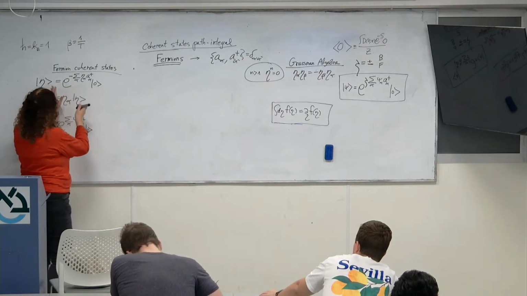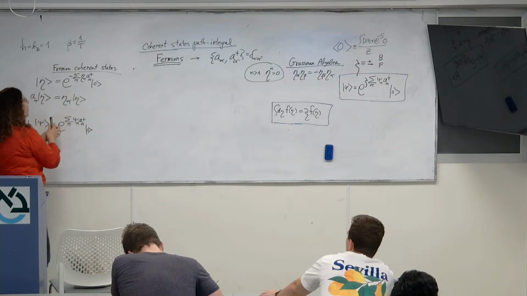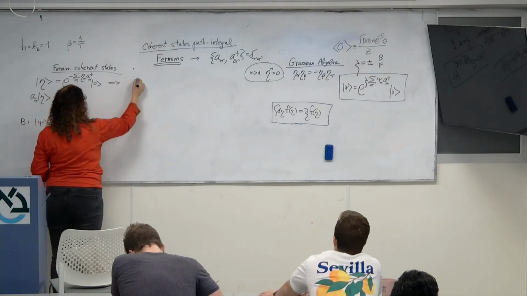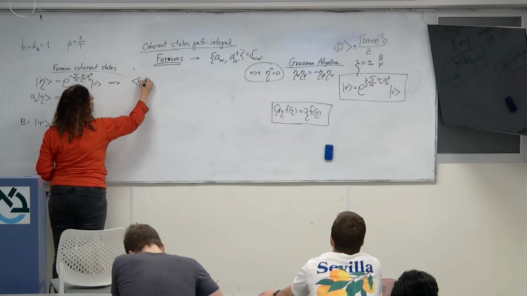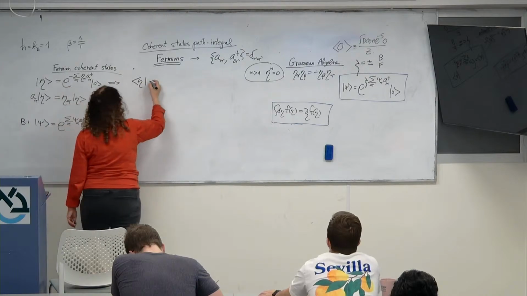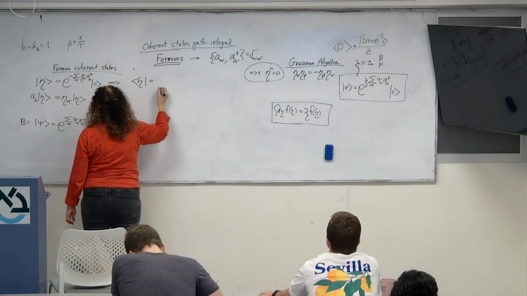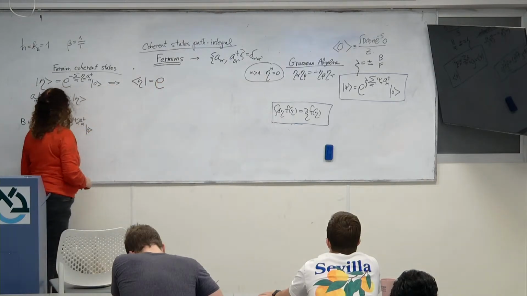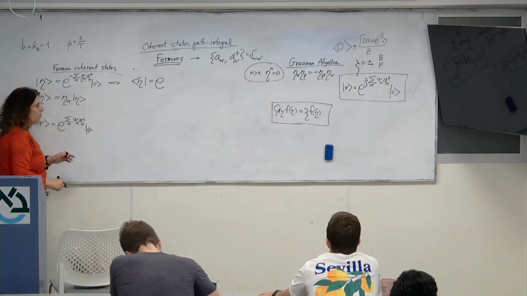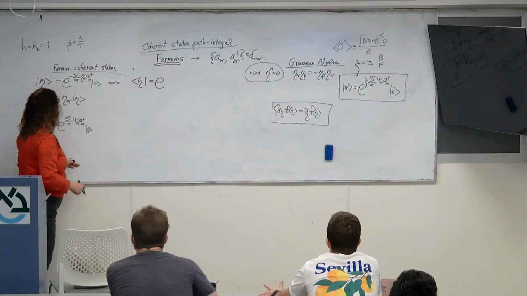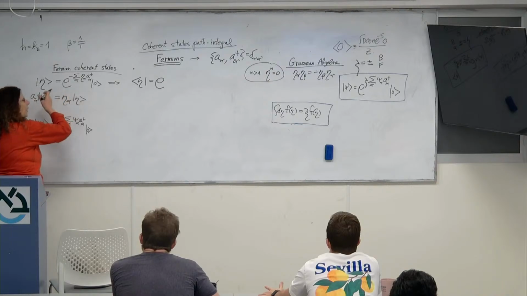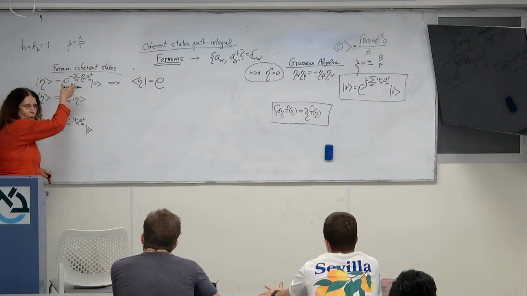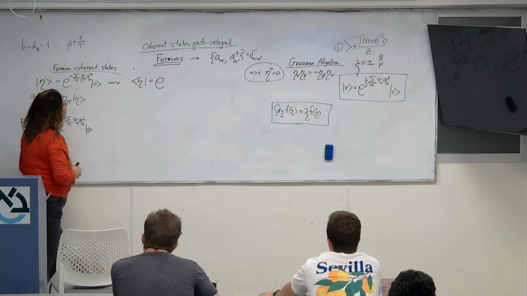So I just take this, okay, and here I have to be careful because before, remember, for the bosons we had the Hermitian conjugate of this thing.